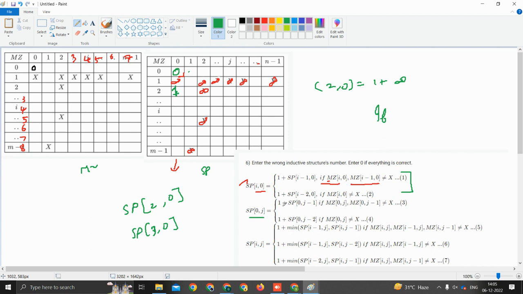Let's see. 1 plus sp of 0 comma j minus 1. I think this is the same thing, right? These two are very similar to the previous one. Here it will be 1, 2, 3, 4, 5, 6. So we are filling this.